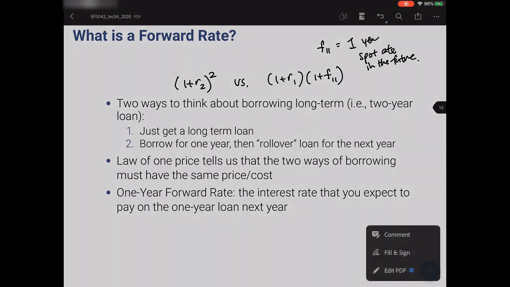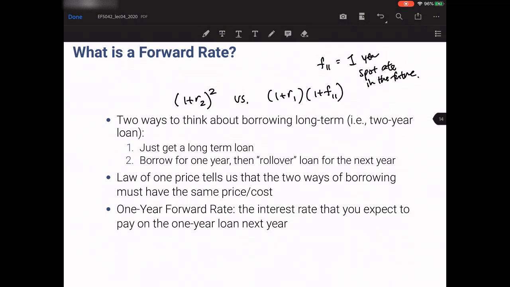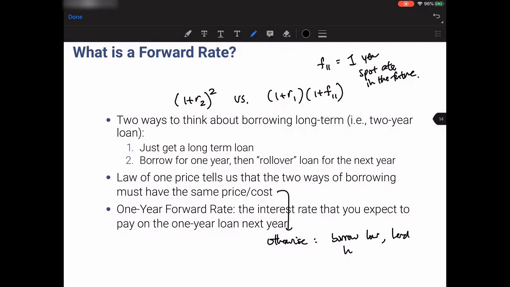Because their future cash flows are identical, and if they have different prices, then there is an arbitrage opportunity. The law of one price says that securities that have identical future cash flows should have the same price. Otherwise, borrow low, lend high, and then you'll have riskless profit.